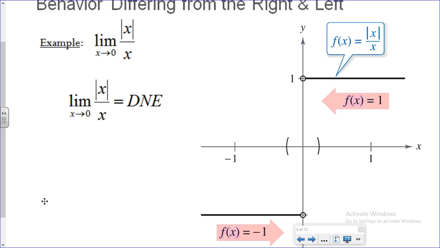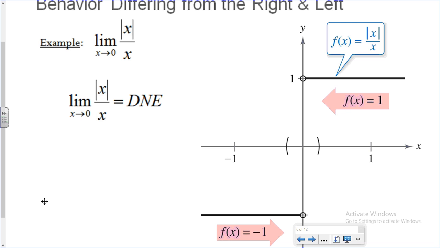This is a graph that is going to pop up more than once, so I need you to remember it. Let's talk about why it's the graph that it is. x divided by x is always going to be 1, right? But when we put the absolute value in the numerator, that's forcing the numerator to always be positive. So here we're dividing x by x, right?